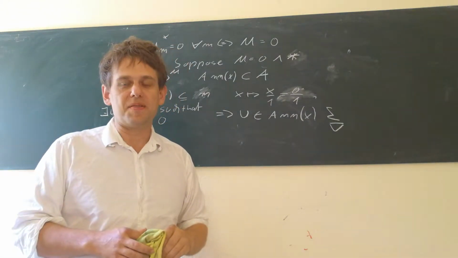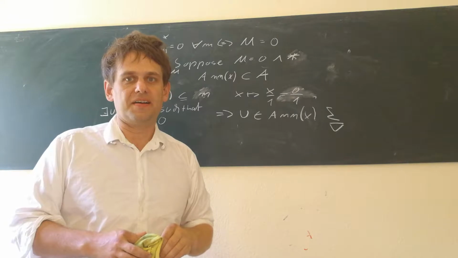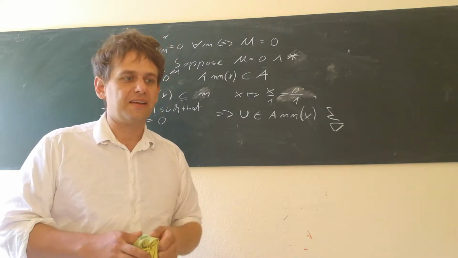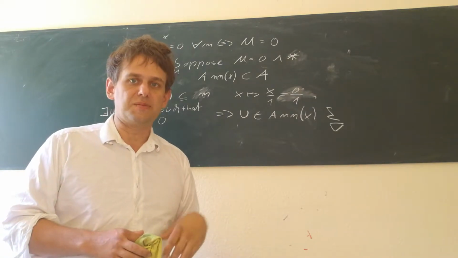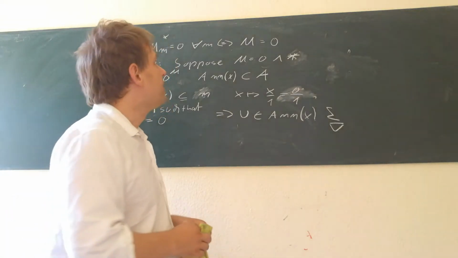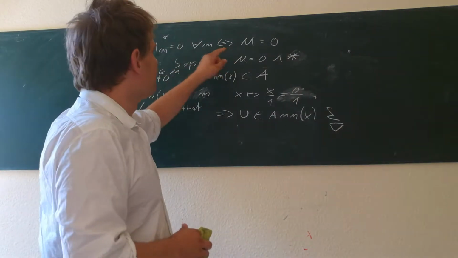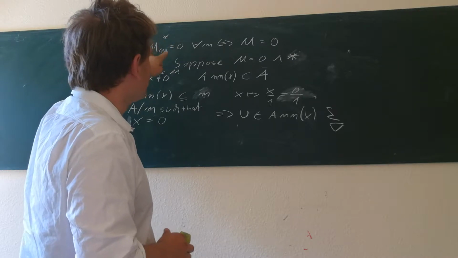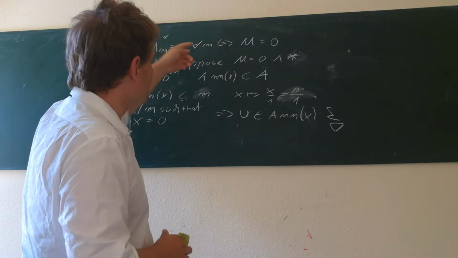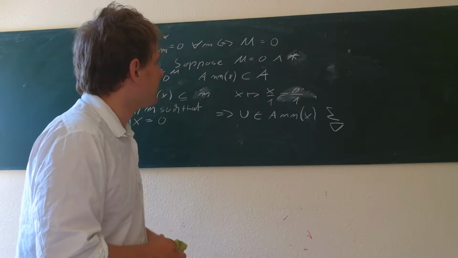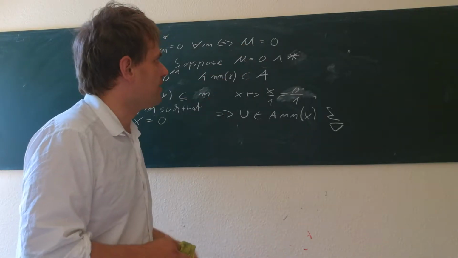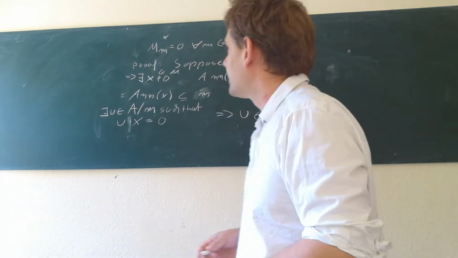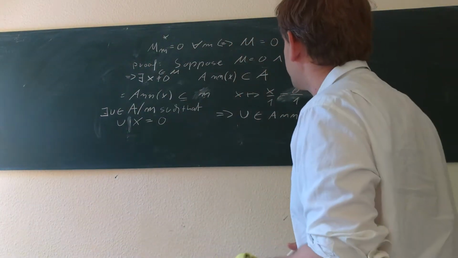This is a weaker statement than saying that the localization at every prime ideal is 0, because every maximal ideal is prime, but not the other way around. But this is enough. So we will show that the assumption that M localized at m for every maximal ideal is 0 is enough to conclude that our module M is 0. So let's look at the proof.